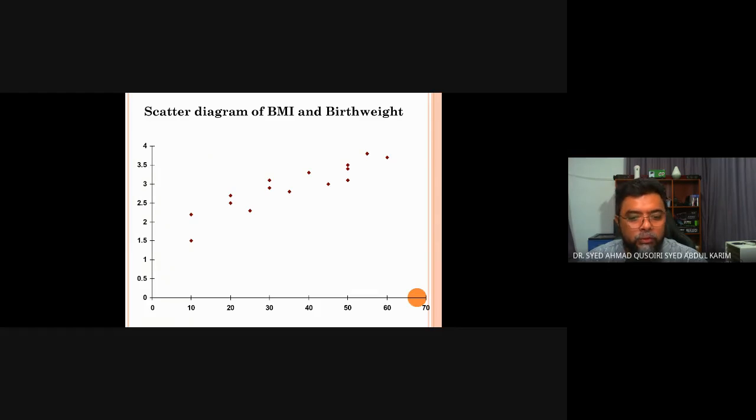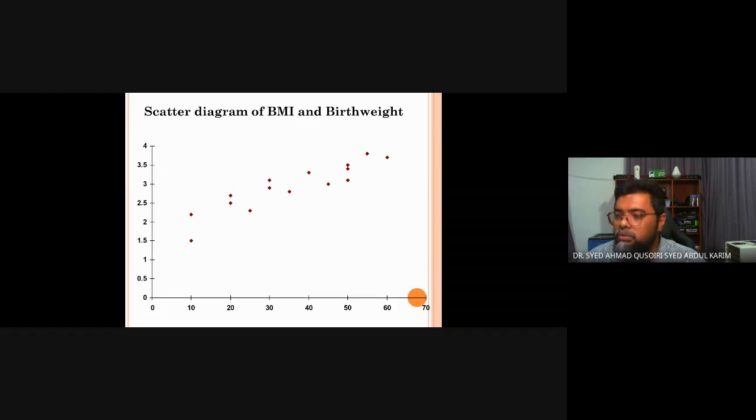And then through maybe questionnaires or document review, the researcher has plotted 15 cases in this scatter plot. And from this observation, we can see that there is a certain pattern emerging from this scatter plot. We can see the association between BMI and birth weight.